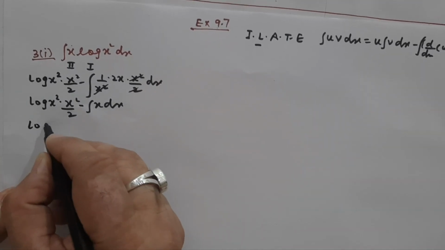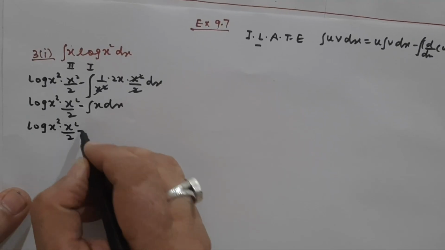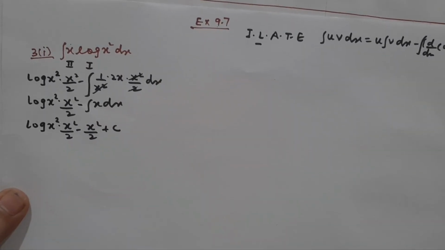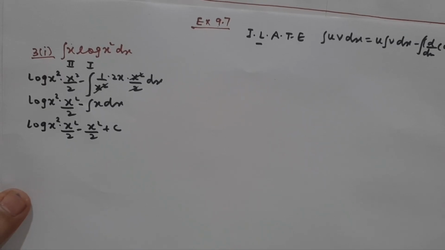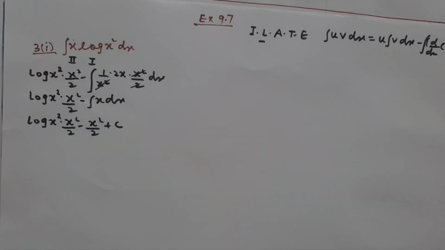So we get log x square into x square upon 2 minus x square upon 2 plus c. So students, this is the solution of this question. So the answer is log x square into x square upon 2 minus x square upon 2 plus c.